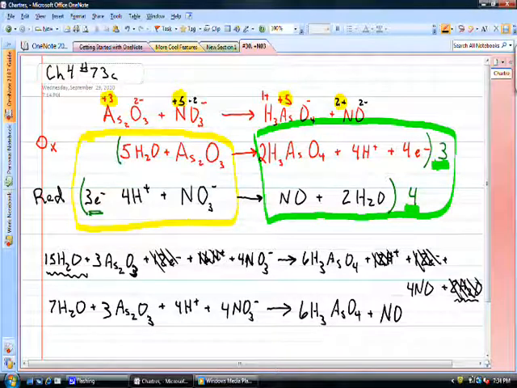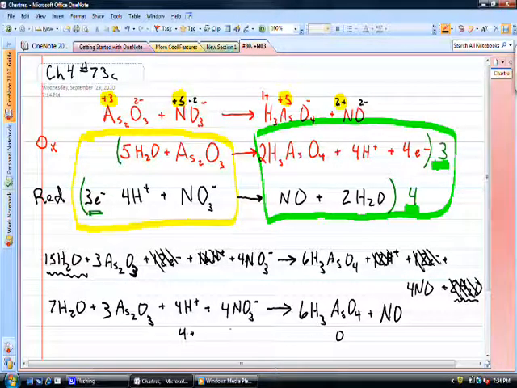Now if you check these, the last step says to check and make sure we have all the elements, so that we have, for example, the same number of hydrogens here as over here, and the same number of As. In other words, there's 6 of them here, so there needs to be 6 of them here. And if you check all of those, you will find they're balanced in this example. We also have to check the charges, and we have to make sure the total charge here, which is 0, is the same as the total charge here.